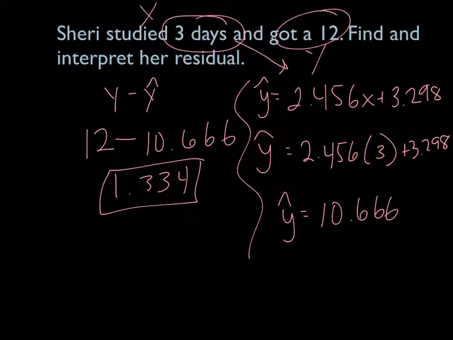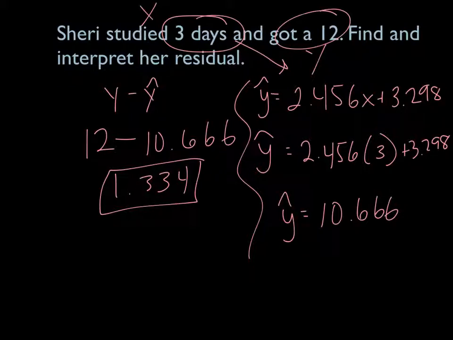Now the interpretation part. What does that mean? Well, we would expect her to get 10.666, but she got a 12, so she actually did better than what we thought, and that's why this is positive, because she did better. She was higher than where we thought she would be, based on everybody else's scores.